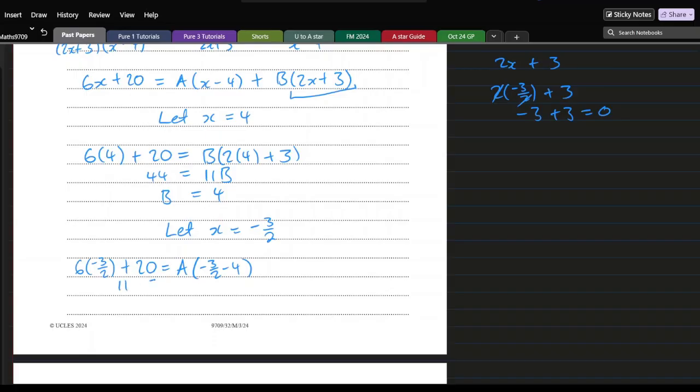And this is equal to, that's negative 3 over 2 minus 4, so negative 11 over 2 a. So let's multiply both sides by negative 2 over 11. So that means that our a here would be, this would cancel out and you get negative 2.